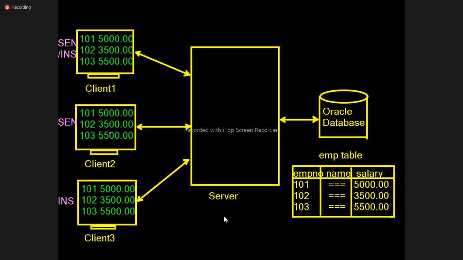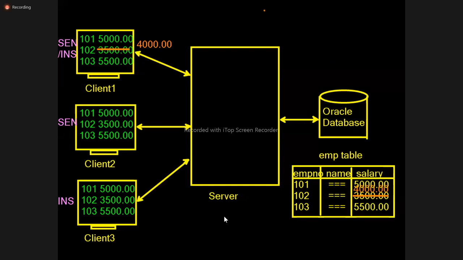Assume now client 1 will update the data. Suppose here 3,500 is there. He'll make this salary 4,000. Then that request is passed to the server. The server will communicate with the database. Here this salary is updated to 4,000. 3,500 becomes 4,000.